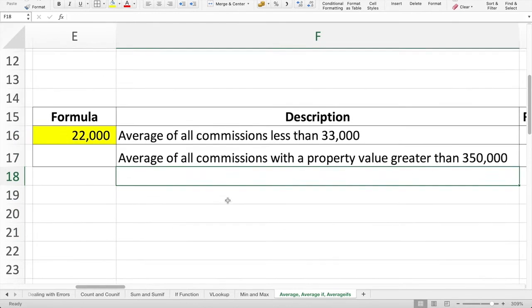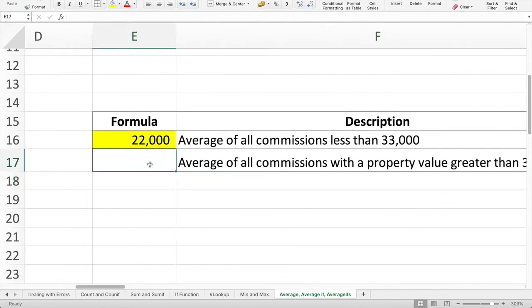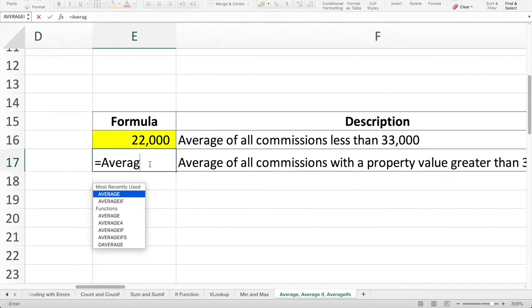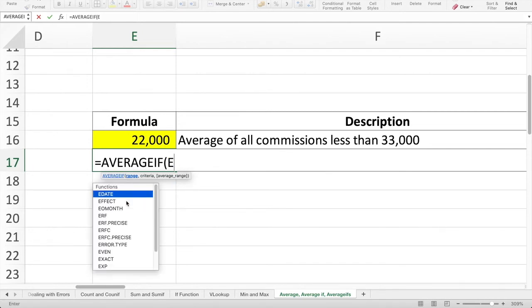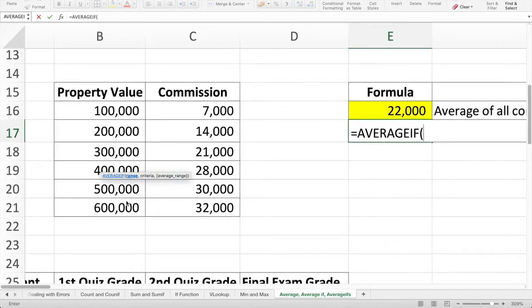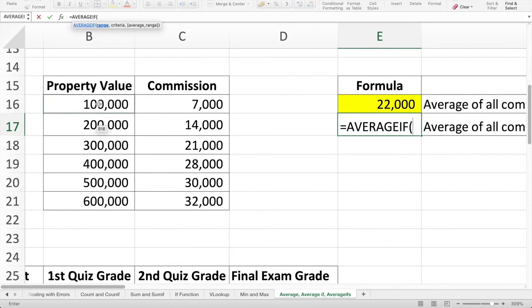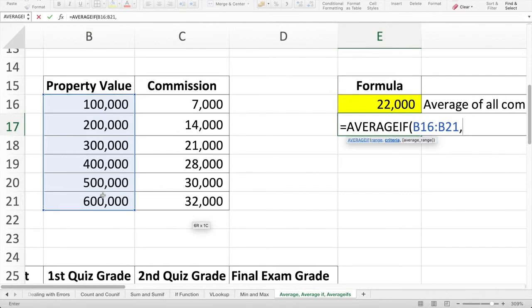Okay, so meaning what we will going to do is let's have the equals average if. What we will going to highlight now is the first one first, the property value. Highlight this property value, then comma. Our rule is for the property value.